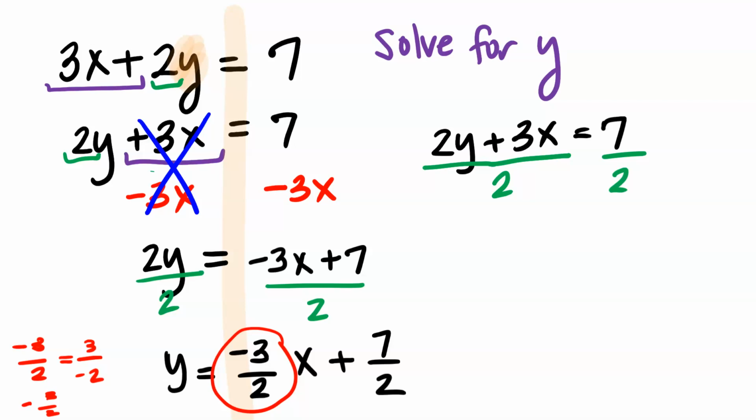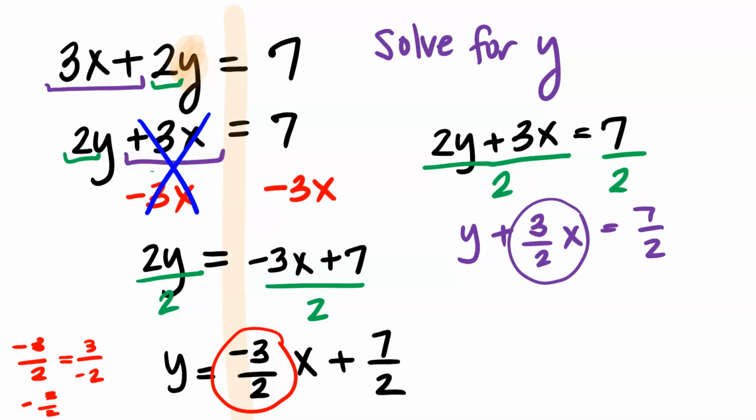If I solved this the other way, from the other side, again, I would have done that split move. So the 2 and the 2 would cancel here. That was the whole point. I have 3/2 x is equal to, oops, I'll change my plus to an equals, 7/2. And then I recognize the only thing happening now to that y is this addition.